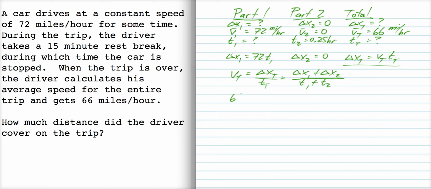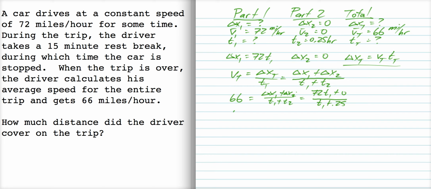I know that 66 is equal to delta x1 plus delta x2 over t1 plus t2, and I know that delta x1 can be written as 72t1, delta x2 is 0, and then t1 plus 0.25, right? So you see now I've got this as a single equation with a single unknown.